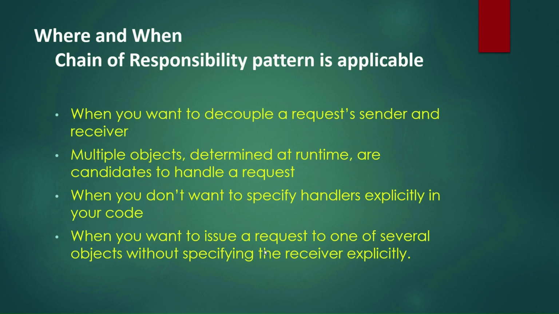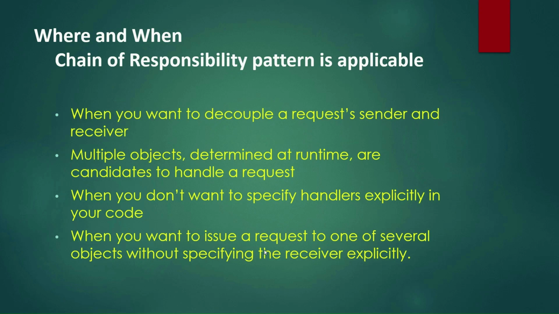So where and when is the chain of responsibility applicable? When you want to decouple a request sender and receiver. So first, when you want to decouple the request and receiver part. We know that in the chain of responsibility, when we send the request, any of the receivers can receive the request and work on it.